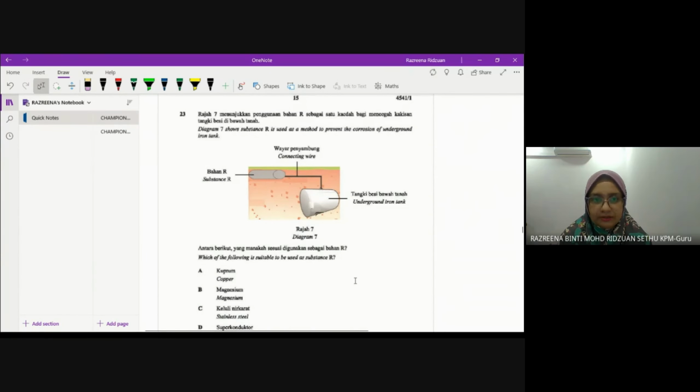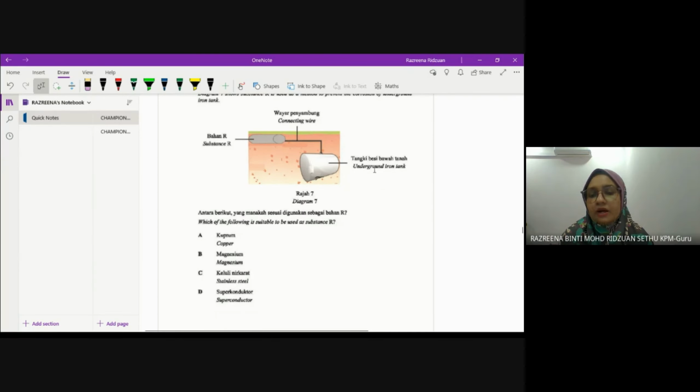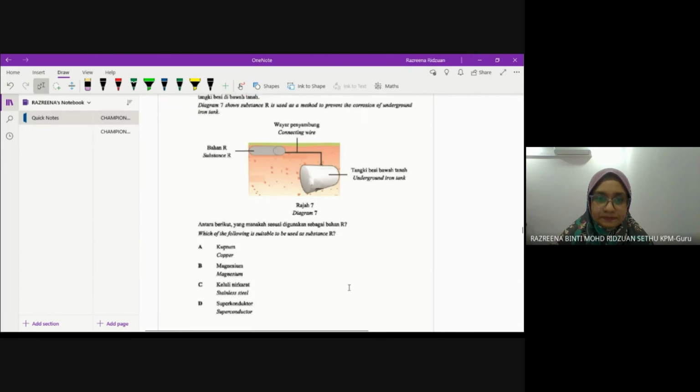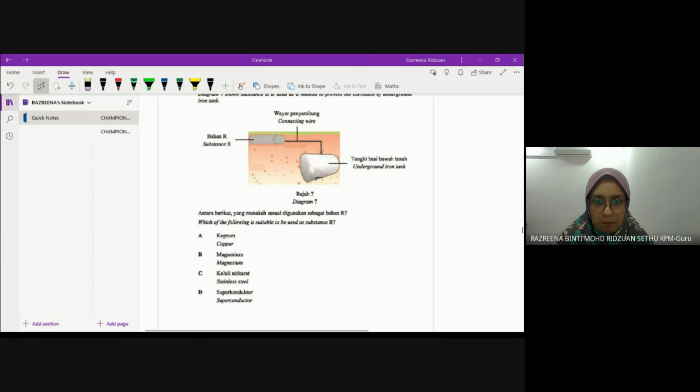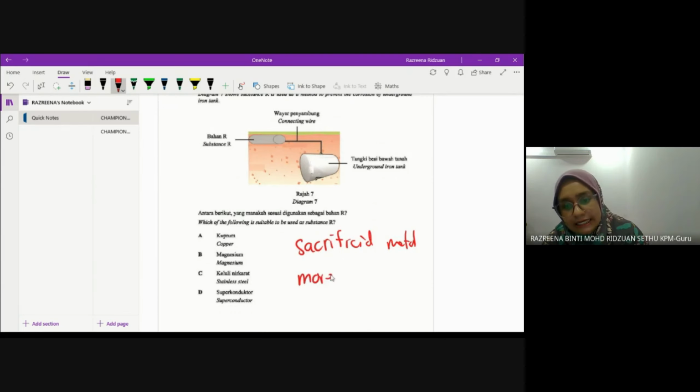Question 23. Diagram shows substance R is used as a method to prevent the corrosion of underground iron tank. They give you an underground iron tank and there is substance R with a connecting wire. Which of the following is suitable to be used as substance R? What are we looking for here? A sacrificial metal. So you must find a metal which is more electropositive than iron.